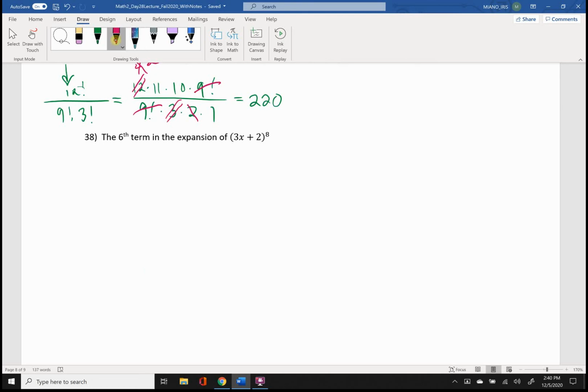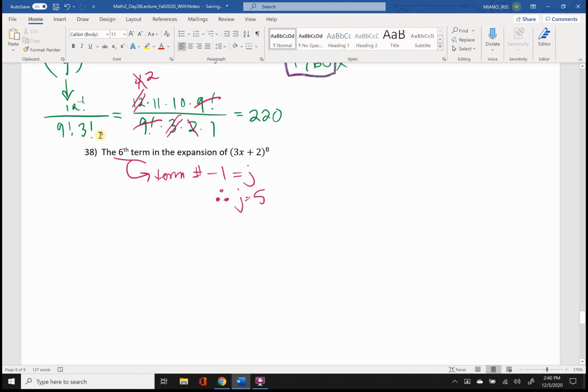So let me go ahead and write that down for you. Term number minus 1 equals your j in this formula. So that means, therefore, j equals 5. So we're going to want to keep that in mind. Okay, so if we do that, then we will be able to very cleanly use this formula, which we can reference real quick.